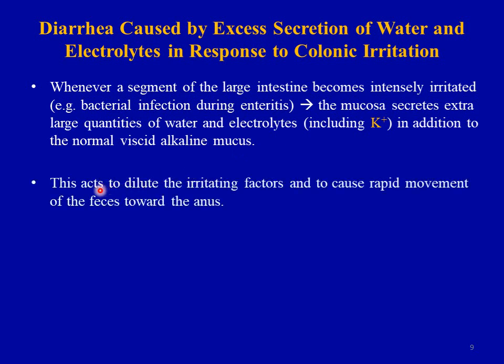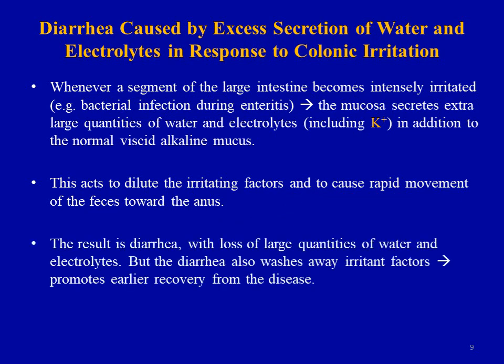This acts to dilute the irritating factors and to cause rapid movement of the feces towards the anus, and the result is diarrhea with loss of large quantities of water and electrolytes.